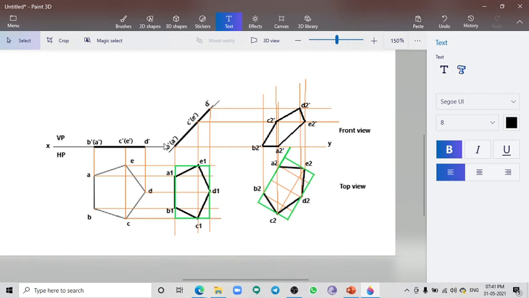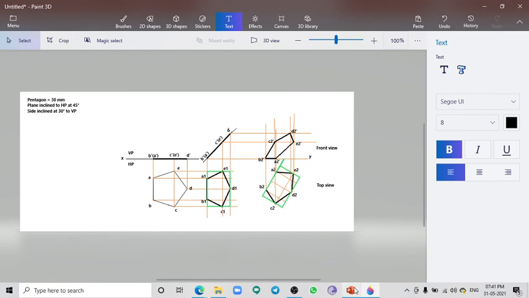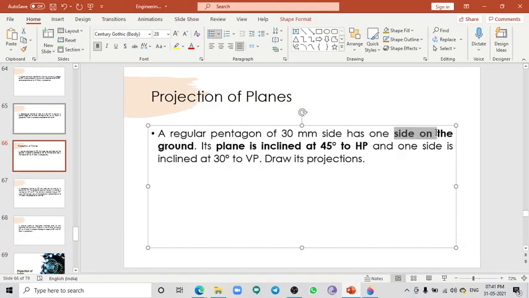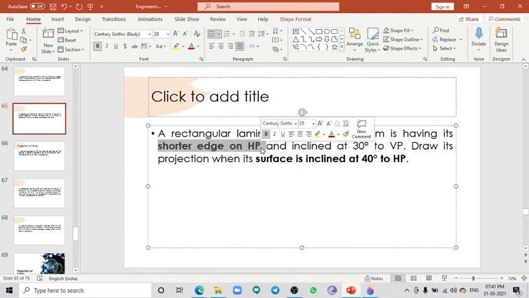Okay, so irrespective of the question, whether the shape is a rectangle, square, pentagon, or hexagon, we have to concentrate on only 2 points: whether our side is resting on HP or a corner is resting on HP. If we take the sum of a rectangular lamina having its shorter edge on HP, one of the rectangular edges should lie on the left hand side.